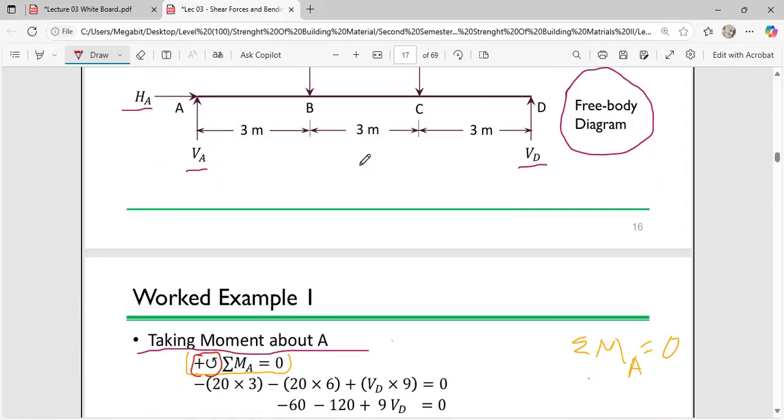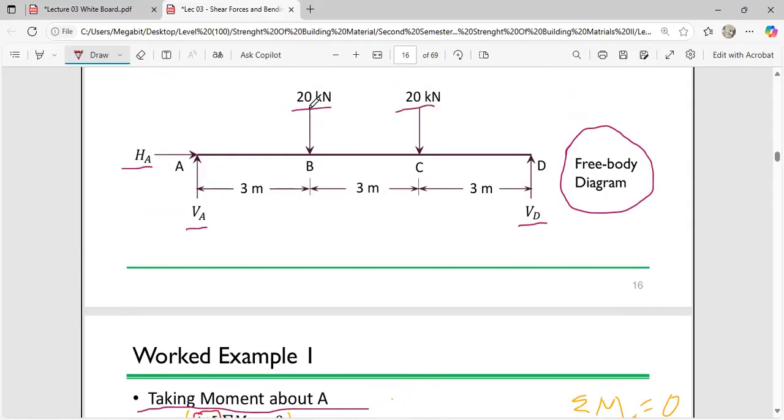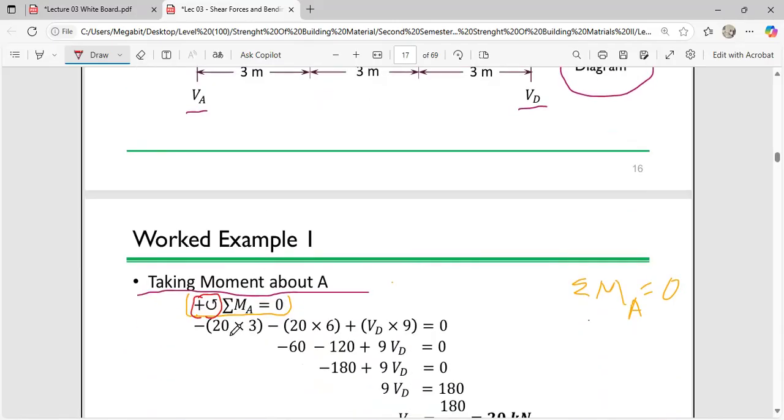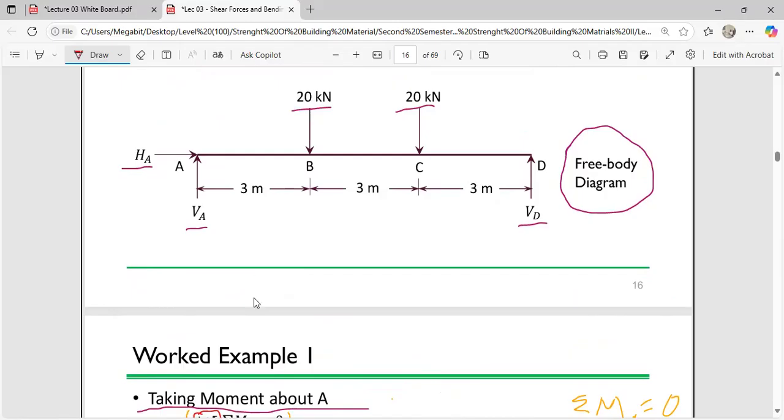So from there, what are we going to do? The 20 kilonewton is going to multiply the 3. That's why you can see over here they've written 20 times 3. Then from there, because this arrow is moving downwards, if you use a pencil to follow the direction of this arrow about A, you realize that this is taking a clockwise movement.